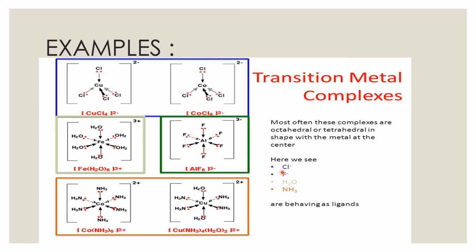Here we can see Cl minus, F minus, H2O, NH3, all these are behaving as ligands surrounded by a central metal atom. These are the examples.